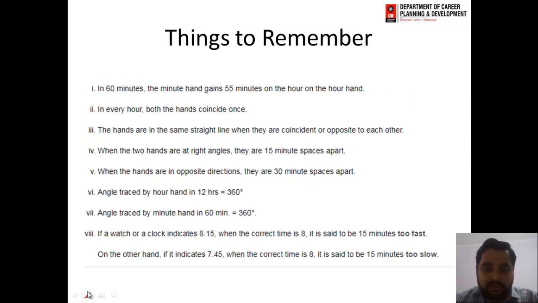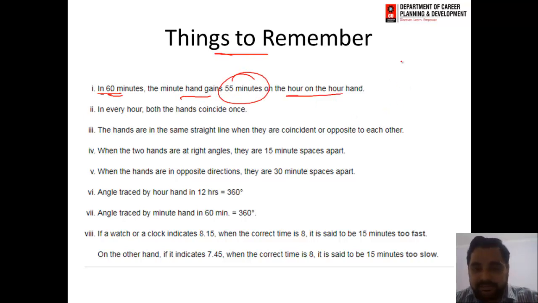Now in clocks there are few things to remember as well. First, in 60 minutes the minute hand gains 55 minutes on the hour hand in an hour. Suppose in a clock the minute and hour hands both start from 12. If the minute hand makes a revolution, then the hour hand moves 5 steps ahead as well.